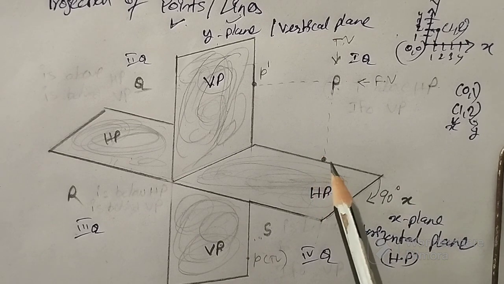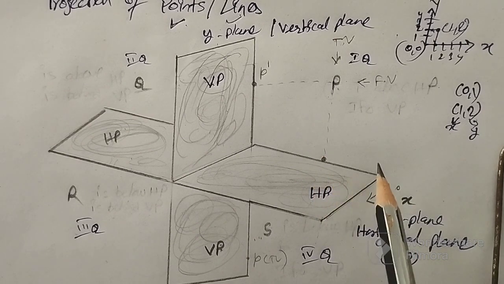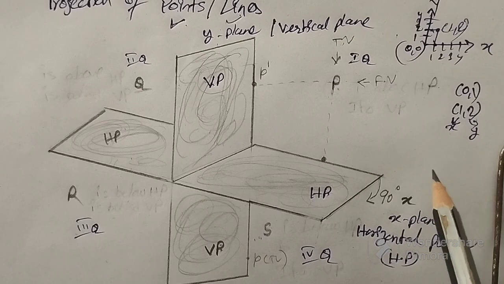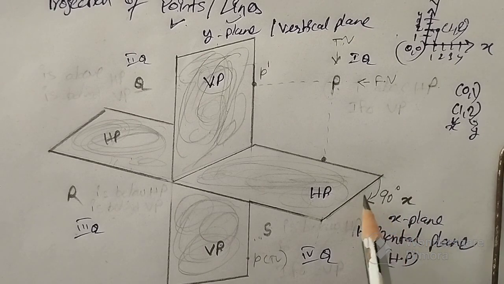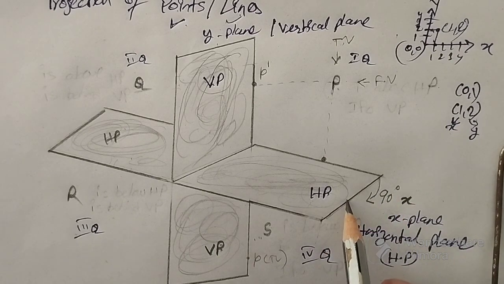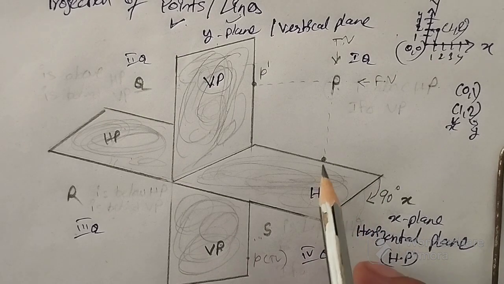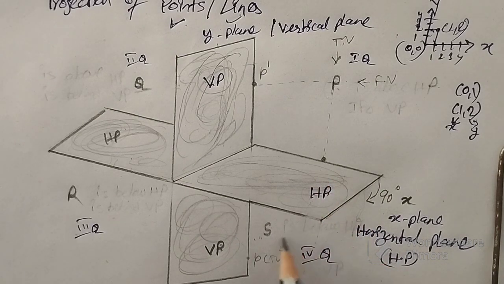That is in the form of 3D. But you are drawing on a sheet of paper, means convert 3D to 2D. So how to convert? Now rotate this HP to a degree of 90. Rotate in the sense, this has to move down. When this moves down, the point will also move down and it will come somewhere here.